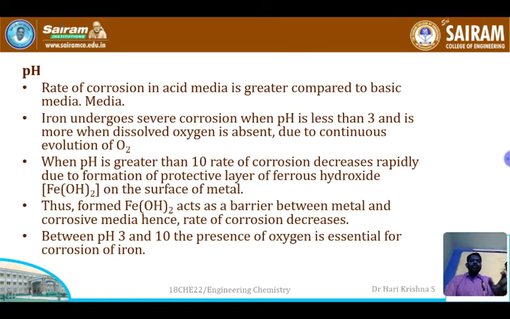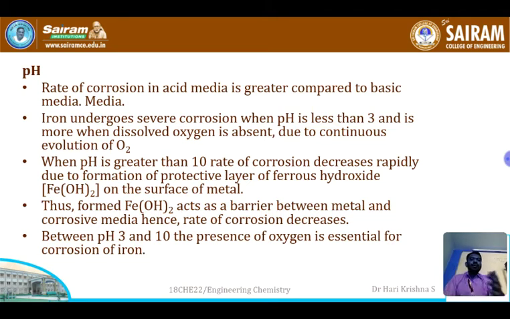Why? Because the Fe2 plus ions produced will react with the alkaline OH minus ions and form ferrous hydroxide. This ferrous hydroxide will cover the anode and act as a barrier between the metal and the corrosive media. Therefore, the rate of corrosion decreases. In acid media, the rate of corrosion is very, very high.